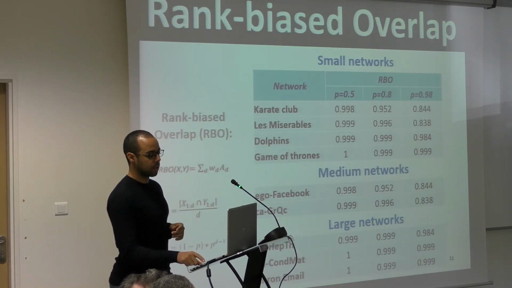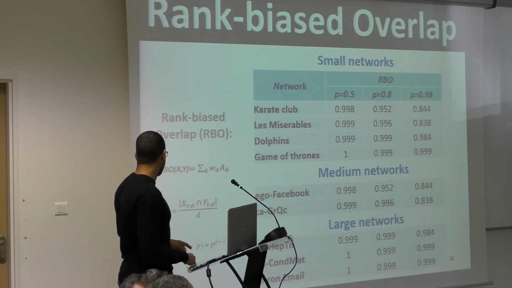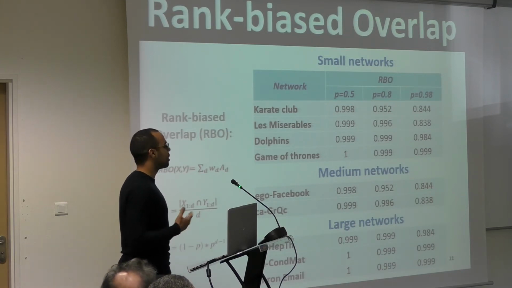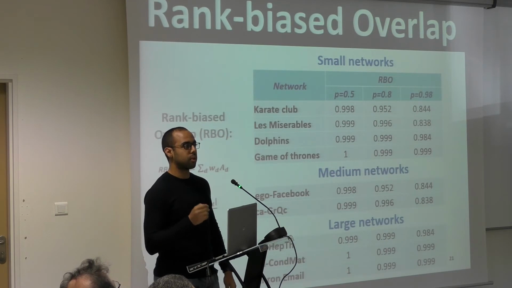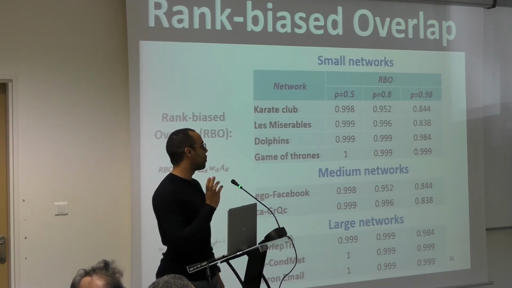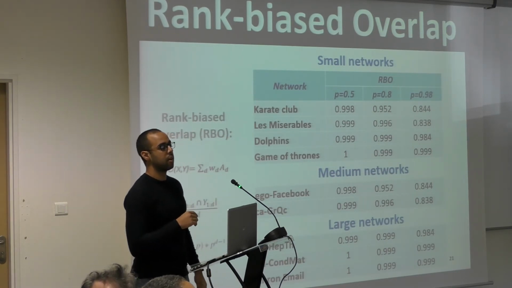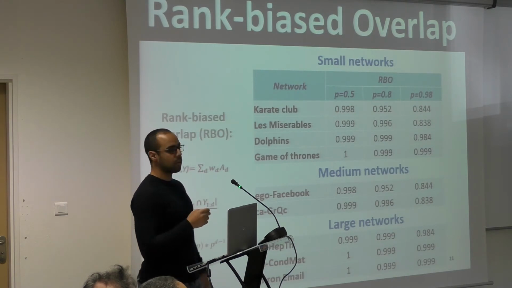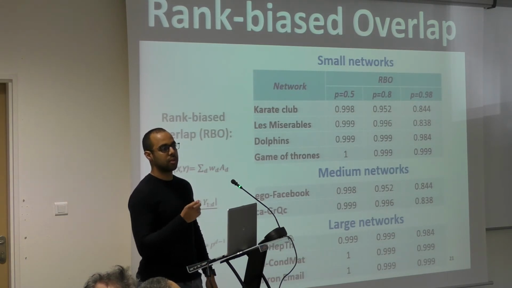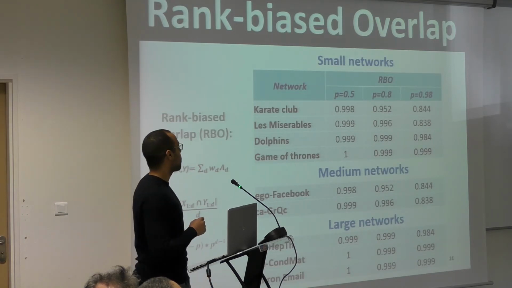The weights are set by the parameter p. When p has a small value, more weight is given to the first elements of both lists. The rank biased overlap ranges from 0 to 1. It is equal to 1 when both lists are similar.